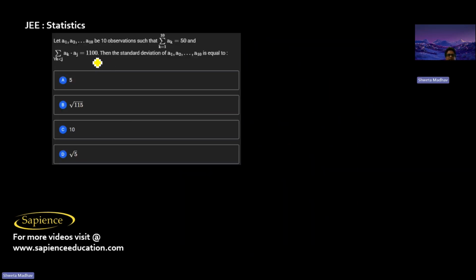Here it is told that there are observations A1 to A10 such that summation AK is equal to 50.